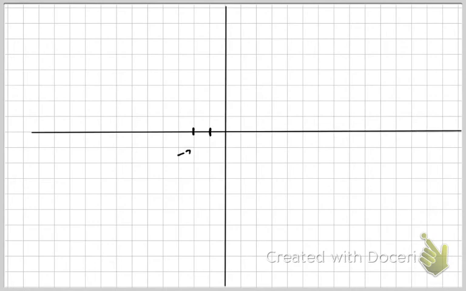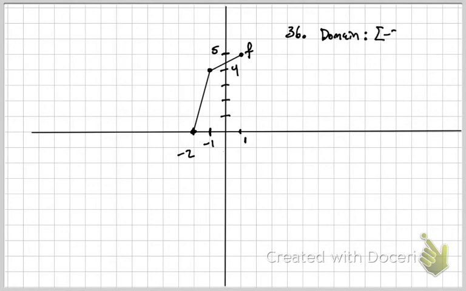Okay, so here we're going to go ahead and draw this in. So this is the shape that they start you out with. So 2 line segments together. And they're going to ask us to do some transformations with it. Okay, so this is a non-parent function. So 36 is saying, okay, well, before we do that, we're going to find the domain.